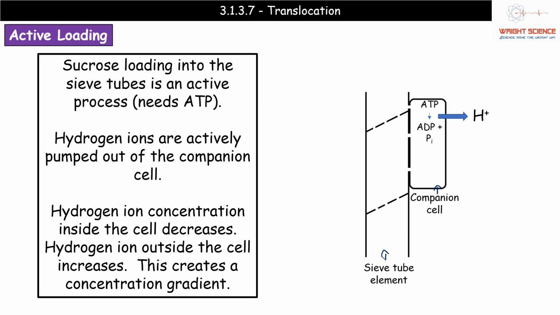So our hydrogen ion concentration within the cell decreases and the hydrogen ion concentration outside the cell increases. So basically we have a high concentration of hydrogen ions outside and a low concentration of them inside. That means we've now set up a concentration gradient for our hydrogen ions.